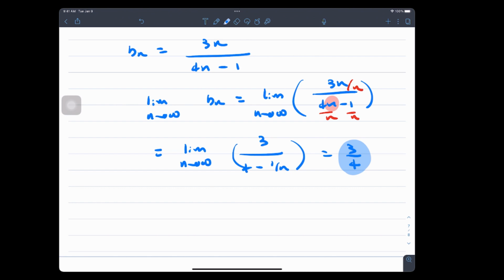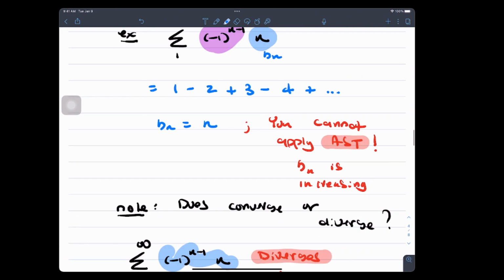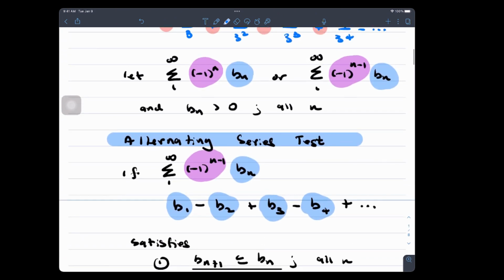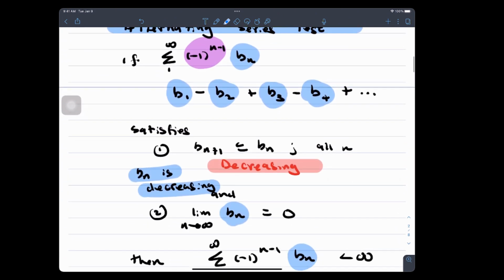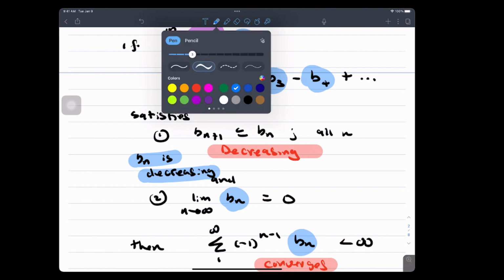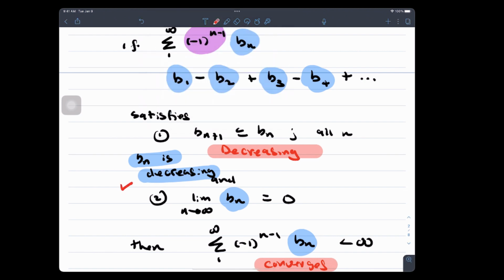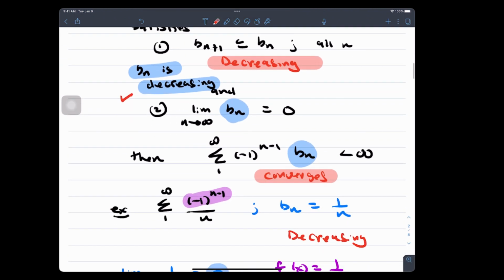No. What does the alternating series test say? Let me go back. Okay, so we got to do the logic here, right? Logically speaking, it's decreasing. However, the limit is not 0.